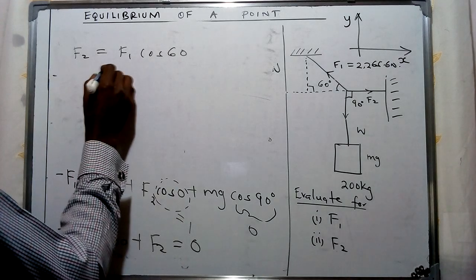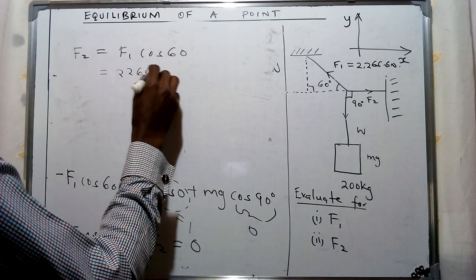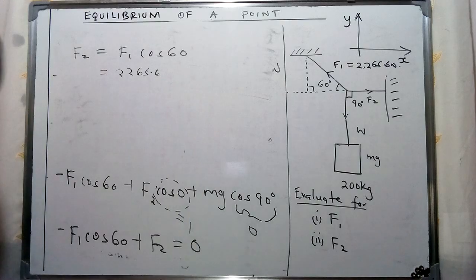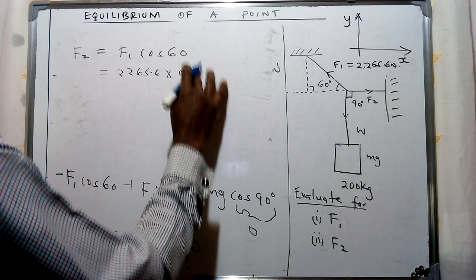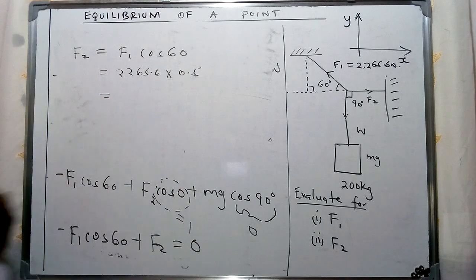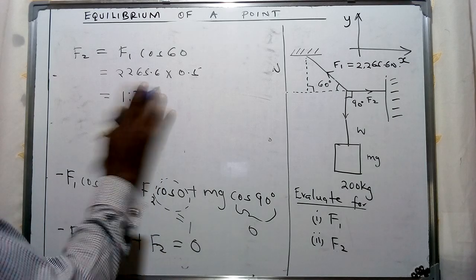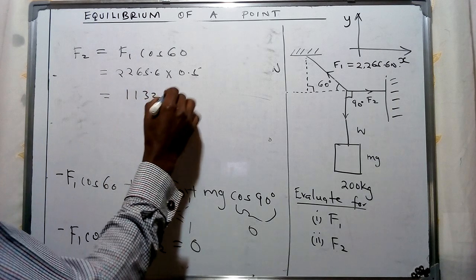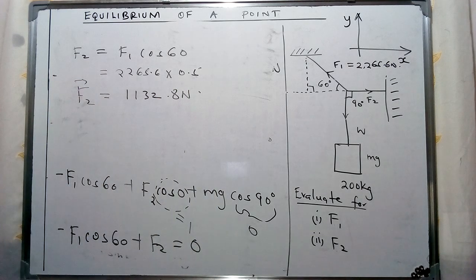So in doing our substitution from the evaluation we did, this is 2265.6, and then the cosine of 60 degrees, which we can check, is 0.5. So this is going to give us a force of F2 equivalent to 1132.8 newtons, which is the amount I found.